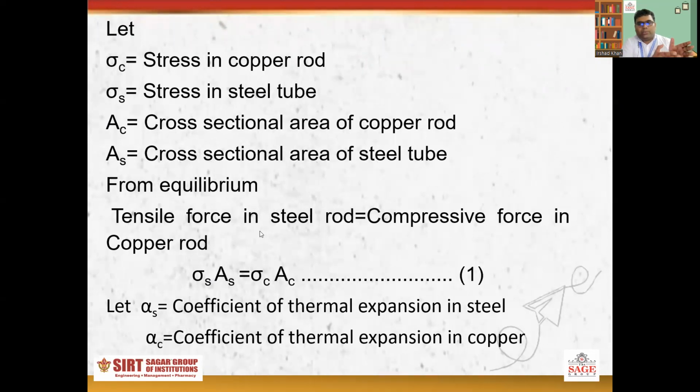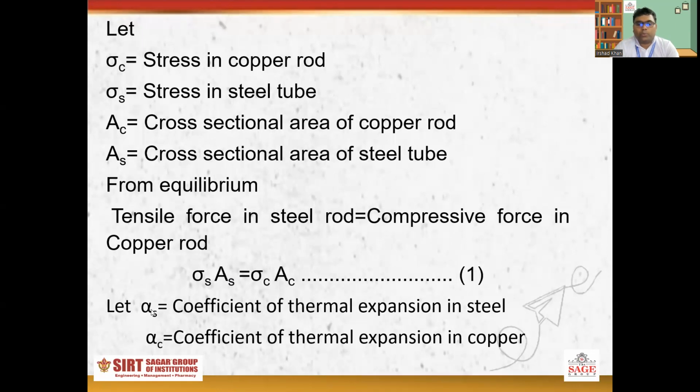As I told you, they are settled somewhere at a midpoint. The one having more coefficient of thermal expansion comes under compression, and the one having less comes in tension. So the tensile force set up in steel and the compressive force set up in the copper rod would be equal.